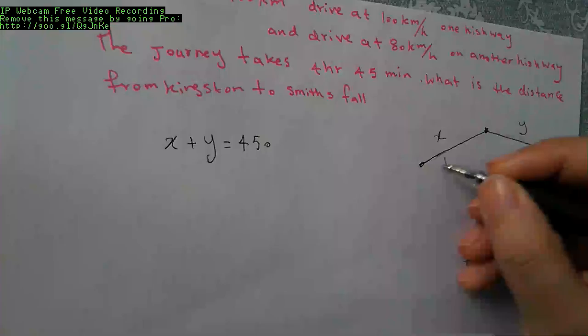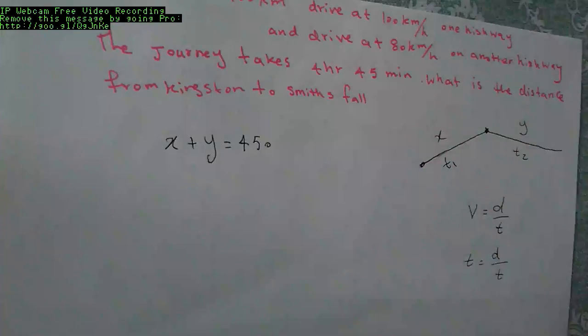So this time, which is t1 plus t2 added together, is going to be 4 hours and 45 minutes. That's 4 plus 45 divided by 60 hours.